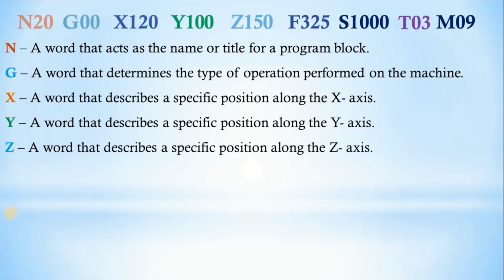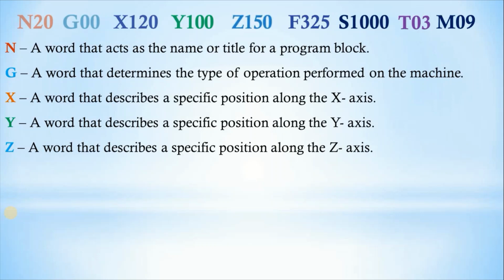Then Z150 is a word that describes a specific position along the z-axis. The z-axis is a linear axis that represents motions and positions perpendicular to the work table. The z-axis is always parallel to the spindle.